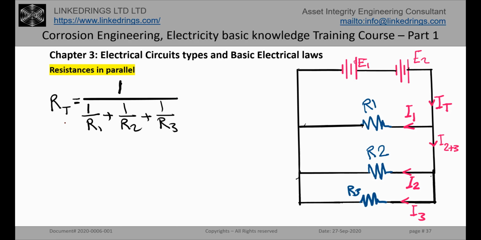The total resistance equals 1 divided by the summation of the reciprocal of each resistance. So R total equal to 1 divided by (1 divided by R1 plus 1 divided by R2 plus 1 divided by R3). This law must be memorized.